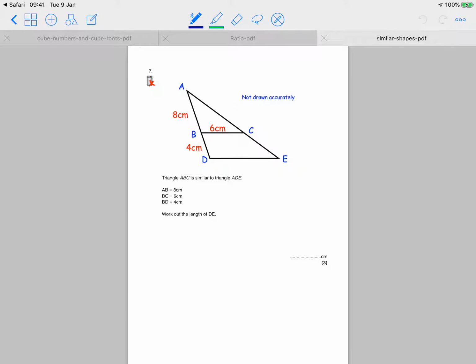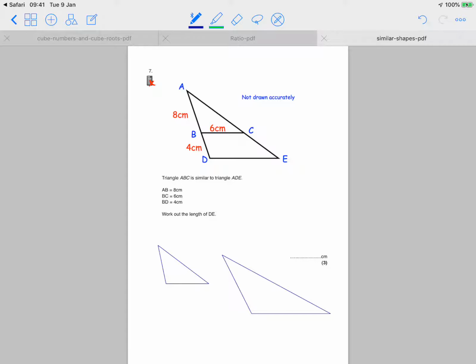Question 7, the two triangles have been plonked one on top of the other. So it's a good idea to separate them back out so that it's easy to see, so that you're not trying to read one picture, but you've got them separate so that you can see both.